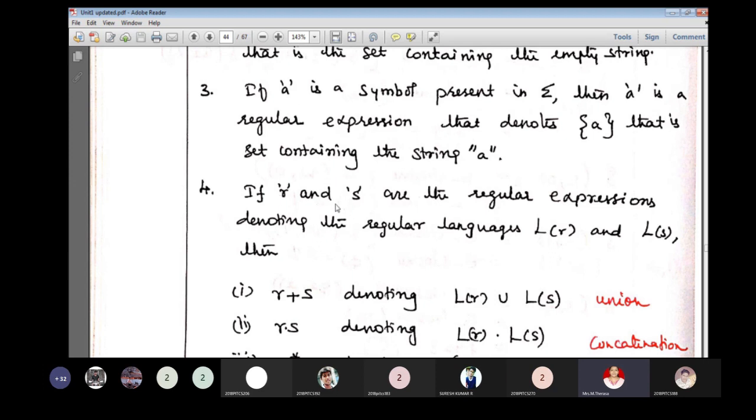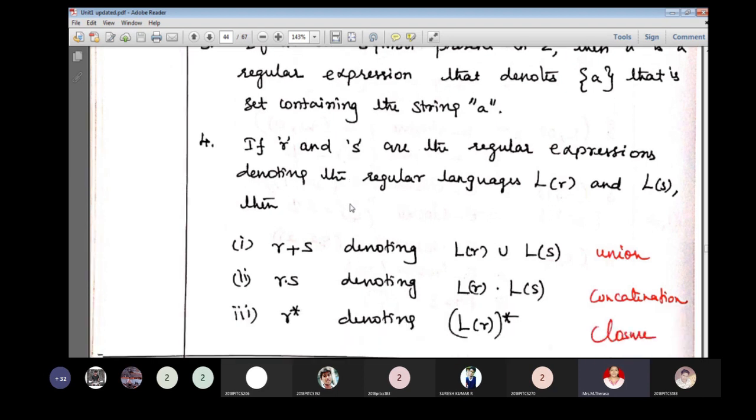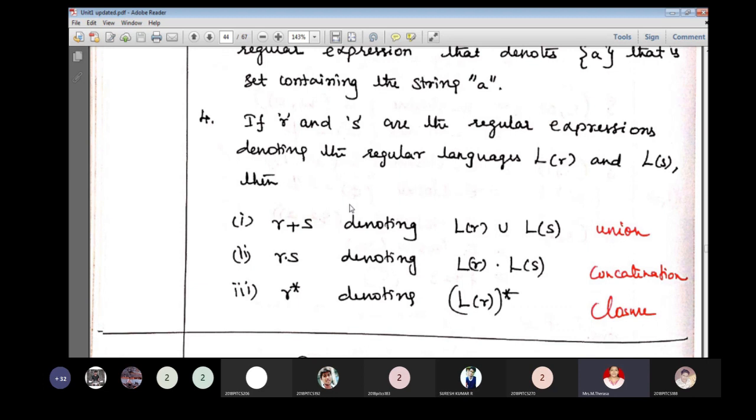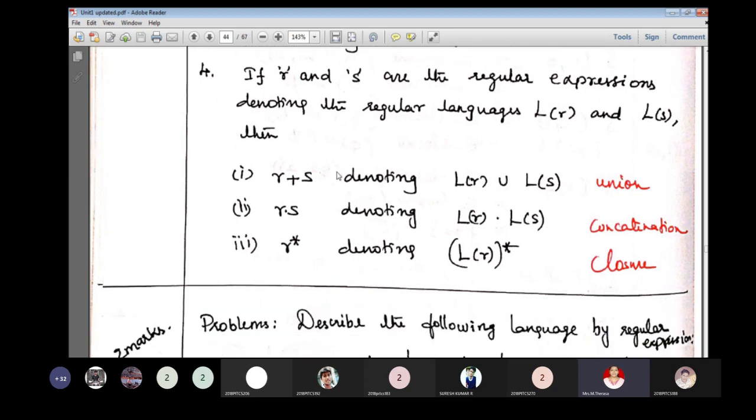So lowercase r and lowercase s are two regular expressions denoting the corresponding languages L of R and L of S. Then R plus S denotes L of R union L of S. Then R dot S denotes L of R dot L of S. So plus represents the union operator, and dot represents the concatenation operator.